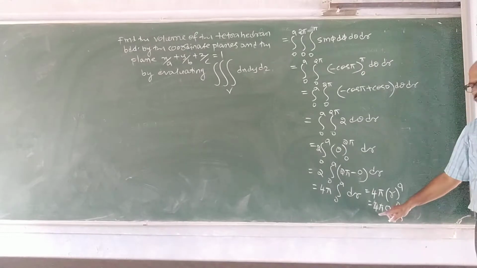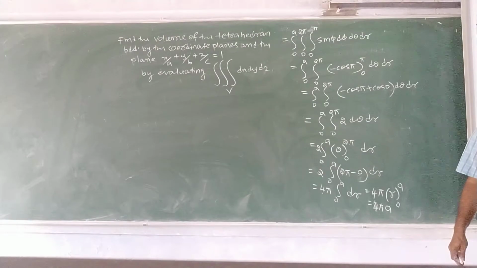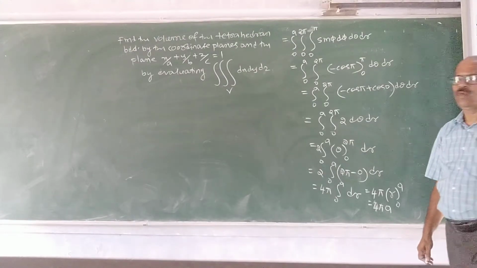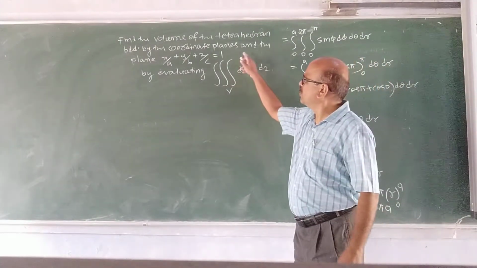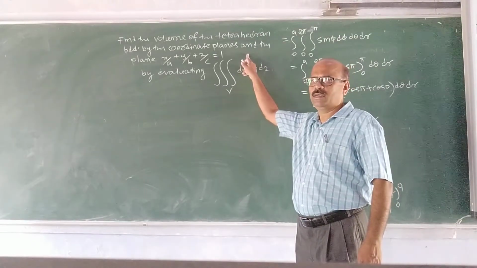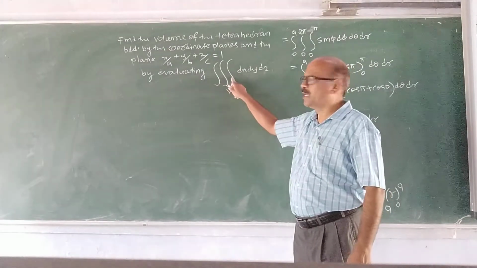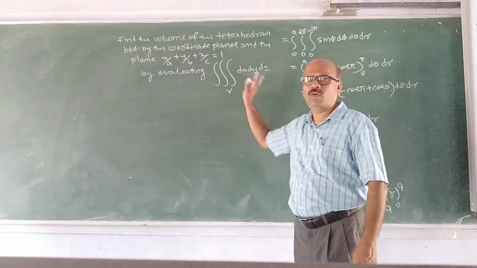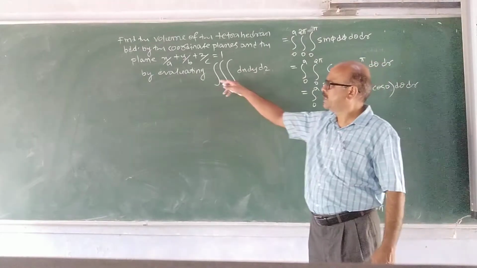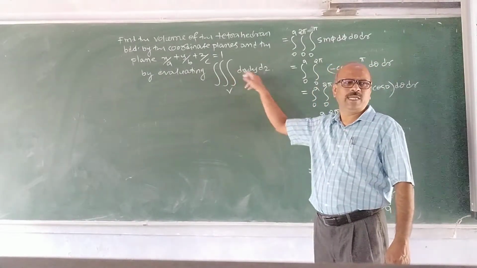We have already obtained the volume of the tetrahedron. If f of x y z is 1, the triple integral denotes volume. So it is already given by evaluating the triple integral of 1 dx dy dz.